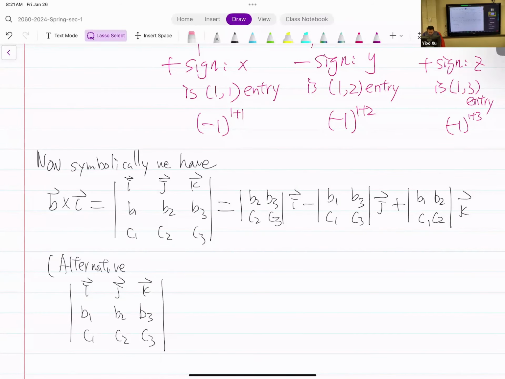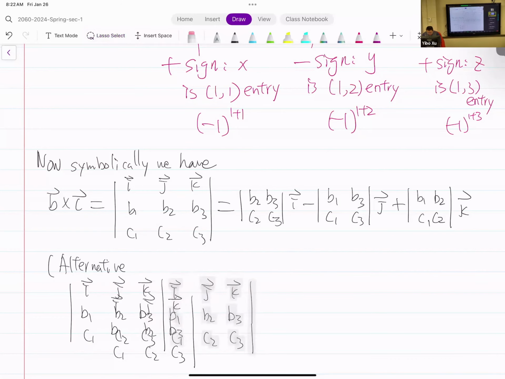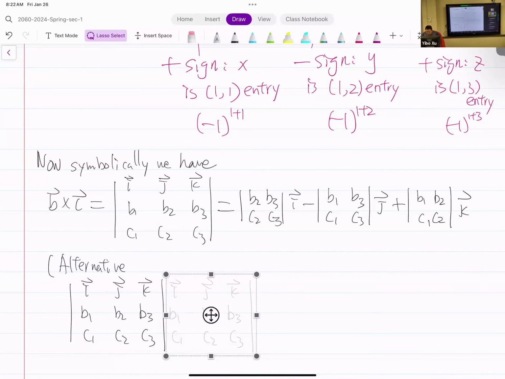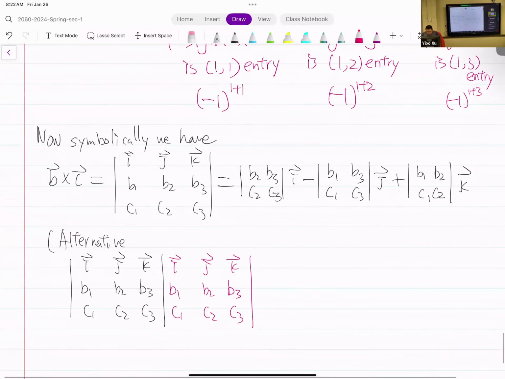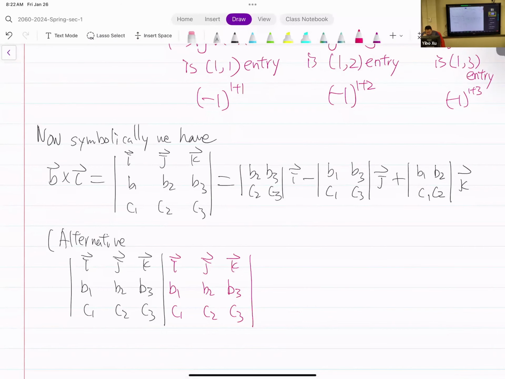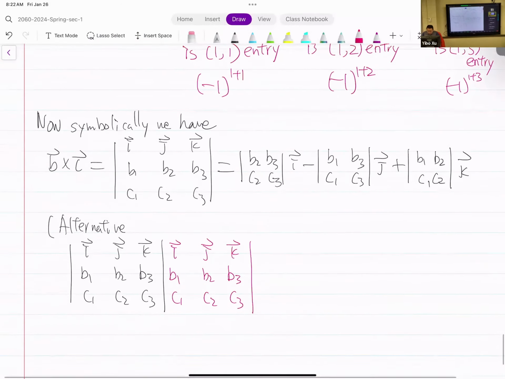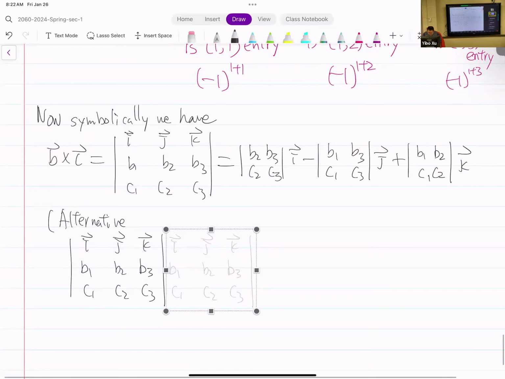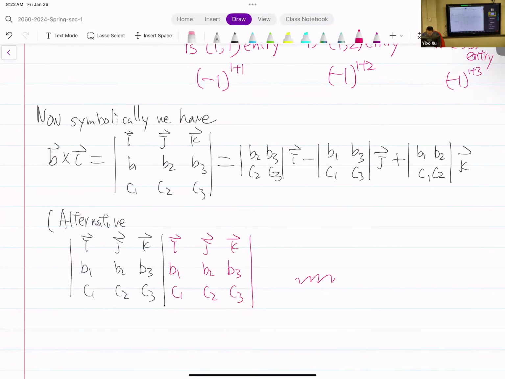So how do we calculate this? Instead of doing that, here you see I'm making another copy of the entries on the side, and there's a reason. To calculate this determinant, we don't really have to stick to the equation above.